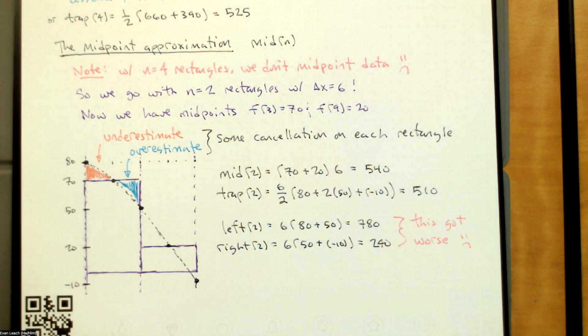So the difference between left and right, our range for the actual value went from being between 390 and 660, kind of egregious, to between 240 and 780. That is worse. Your score on this test is somewhere between 50 and 90. Well, that's not helpful. So I go, all right, let me say that your score on this test is somewhere between 30 and 100. It's like, no, no, no, that's worse.